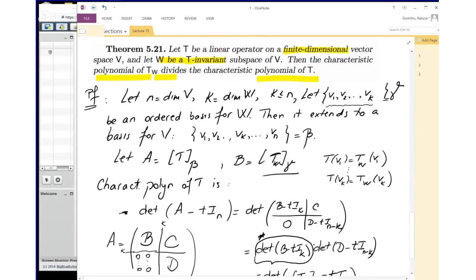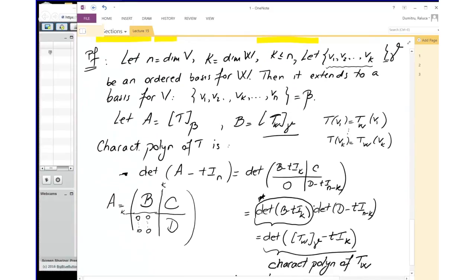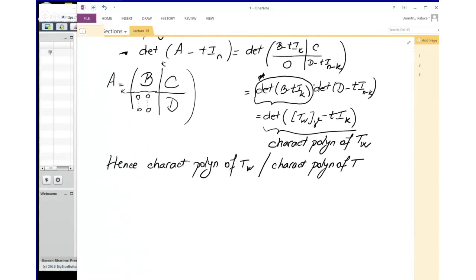So we keep in mind that if W is T invariant, take the restriction, then you have this nice connection between the characteristic polynomials of the two.